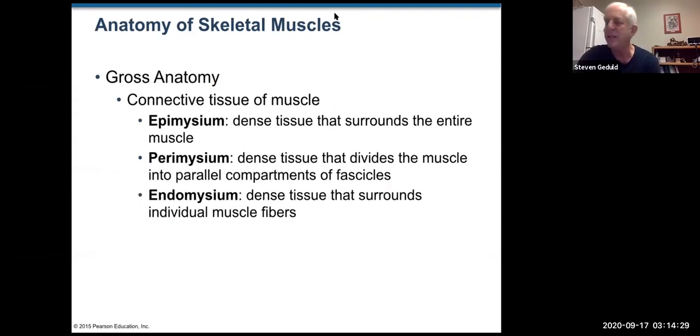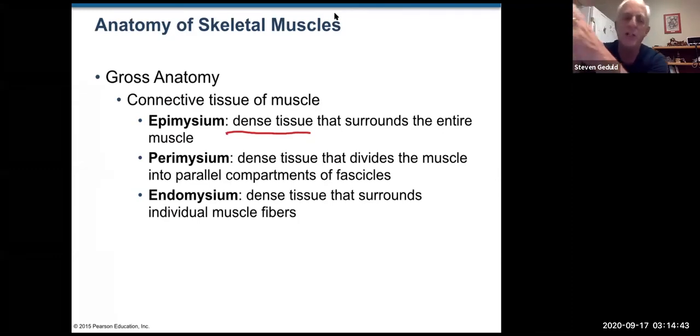All right, so connective tissue of the muscle has 3 layers. There's an epimysium, there's a perimysium, and there's an endomysium. The epimysium is the outside layer. It's a dense tissue that surrounds your entire muscle. That's your outer layer, your epimysium. Your perimysium is the dense tissue that divides the muscle into components.